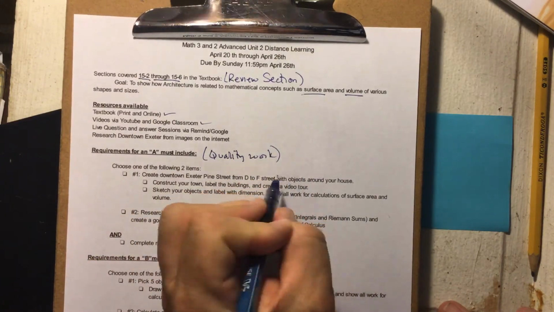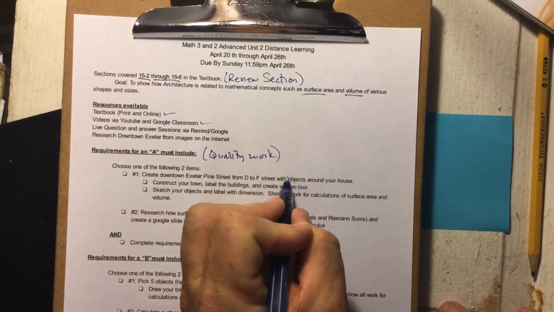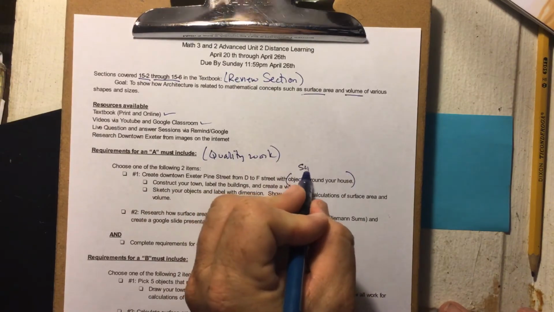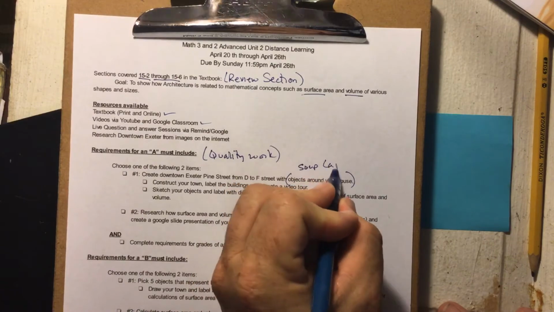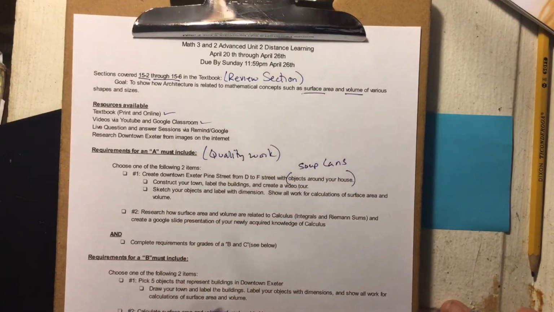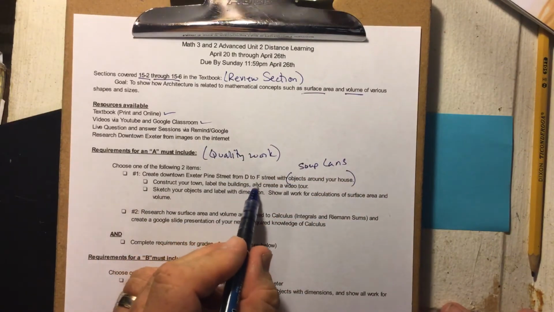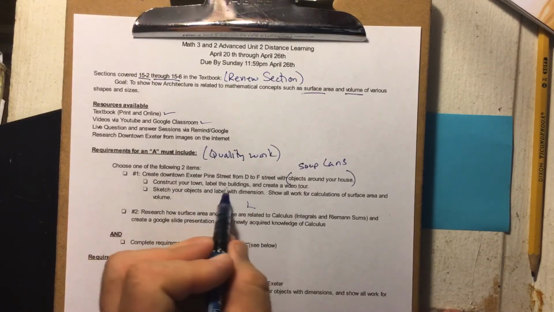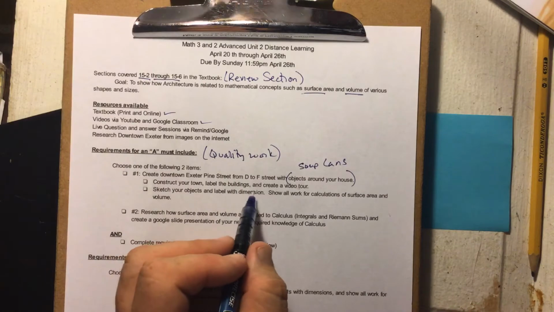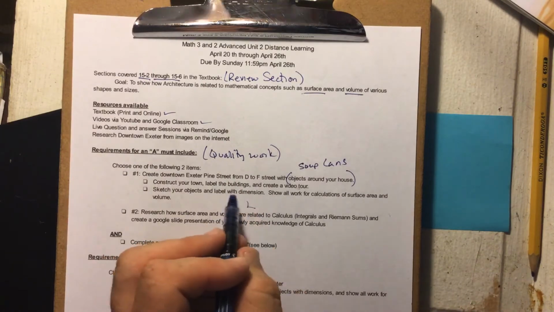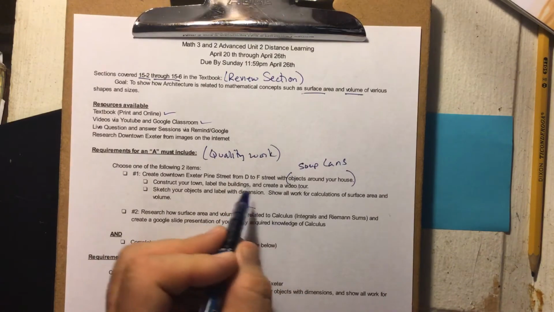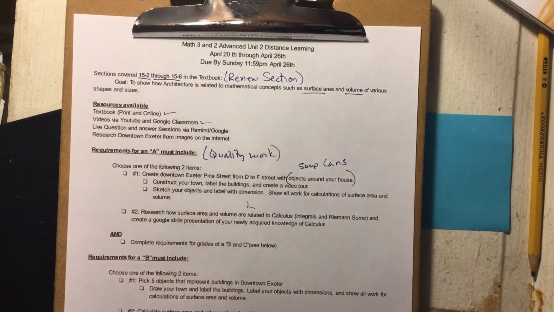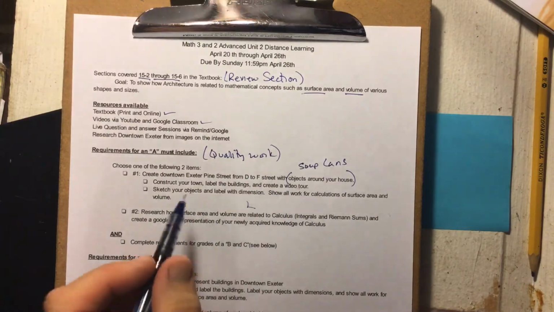You're going to create with objects around your house, and you're going to create downtown Exeter. You're going to construct your own town. You're going to label the buildings like VIP and Hometown Emporium, and create a little video tour of your downtown Exeter.